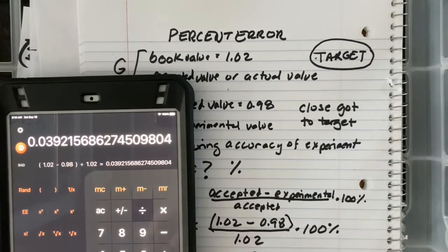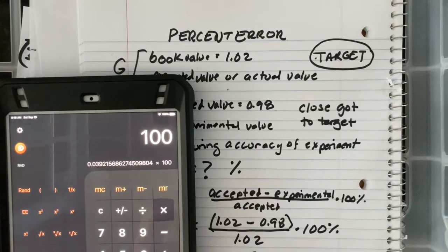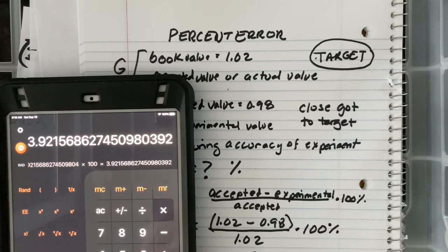Now I hit my equals and now times 100. And you see that I get the same answer. So whether you use parentheses or not, just make sure whatever system you use, you use it that same time so you don't get confused. Right now, sig figs: 3 sig figs in 1.02 because there's a contained or trapped 0.